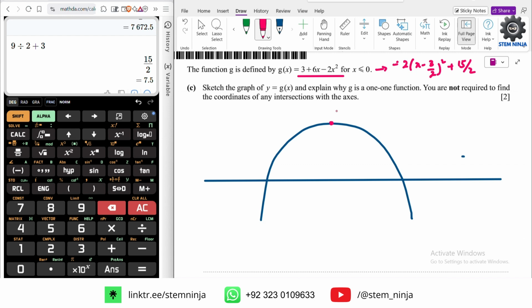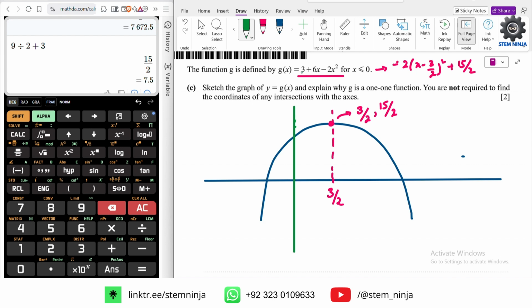Okay, so this is your point, 3 over 2 and 15 over 2. You can already see that the graph is starting much before this. So this is where your y-axis is now, somewhere over here.